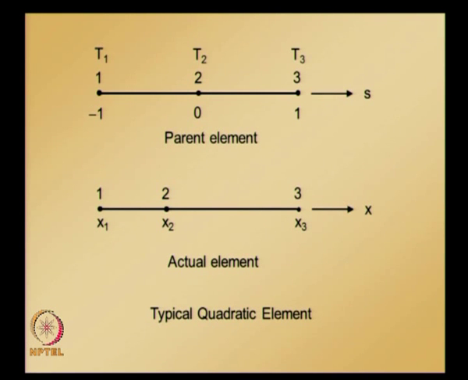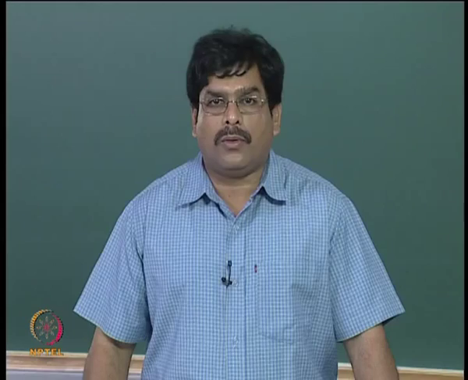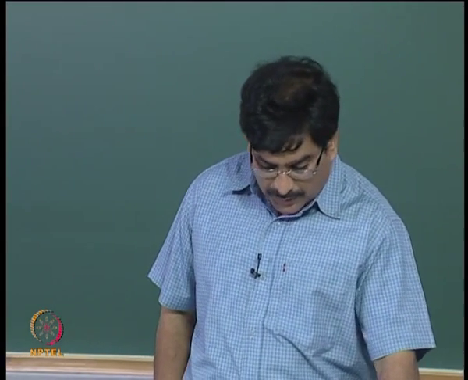For the mapping to be valid, or for the Jacobian to remain positive everywhere over the entire element, that is s going from minus 1 to 1, the location of node 2 should satisfy the condition that we derived in the last class, that it should not be closer than L over 4 to either node 1 or node 3, where L is the total length of the element.